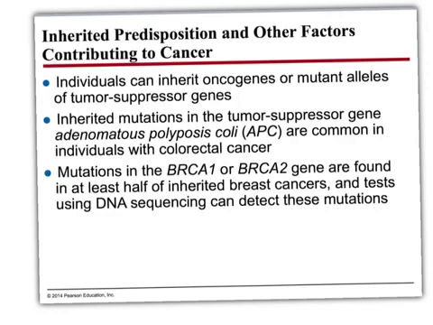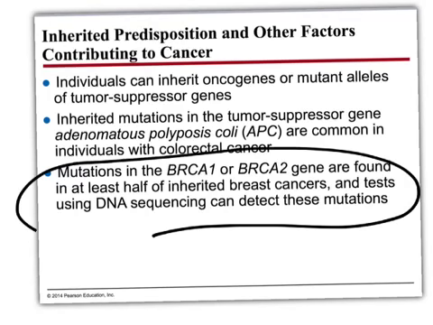It was found that her cancer is BRCA1 negative. Mutations in the BRCA1 gene are found in at least half of inherited breast cancers. You can test for these mutations, and they can also be passed on.